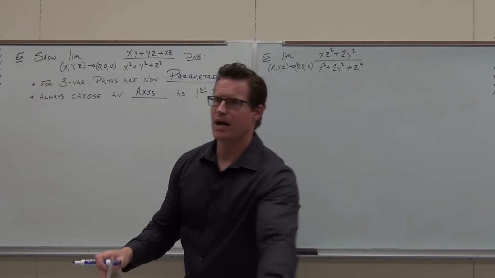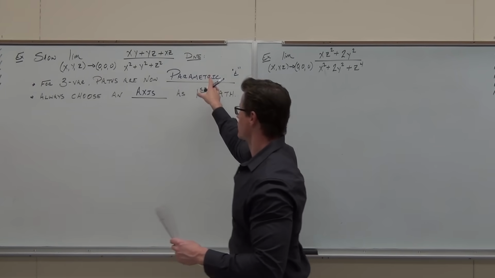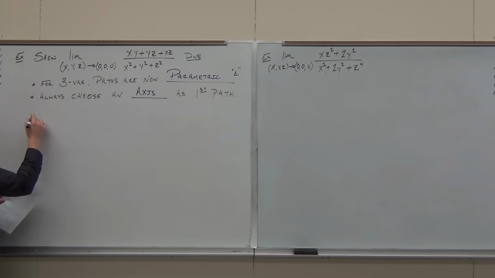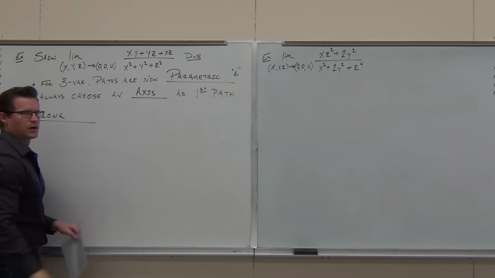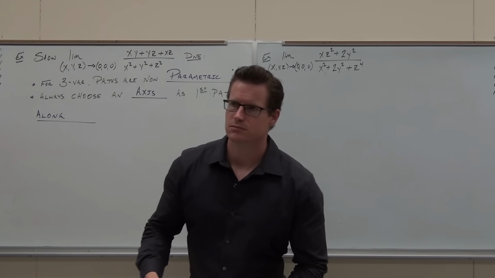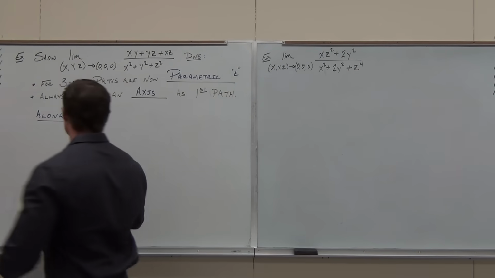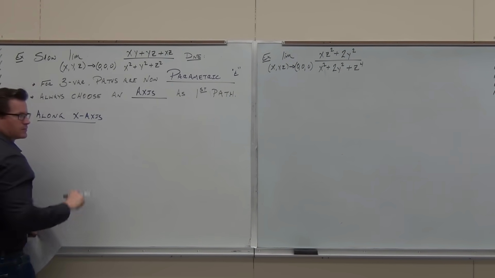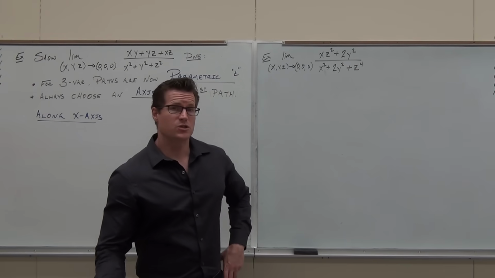So I want to show you how to choose an axis, then we'll talk about how parametrics play a part in this, because otherwise it looks really confusing. So let's start. The first thing I want you to do is go along an axis. What axis do you want to go along? X. Love it. Let's go along X. I want to explain what's going on.